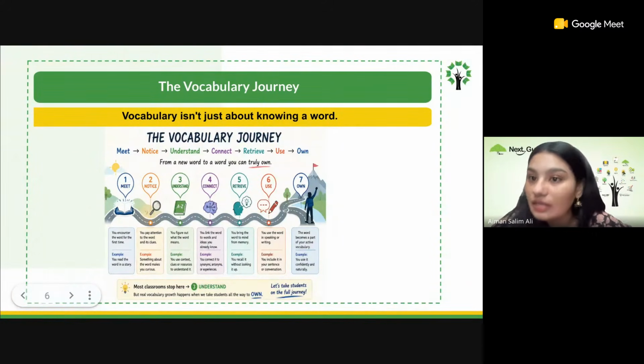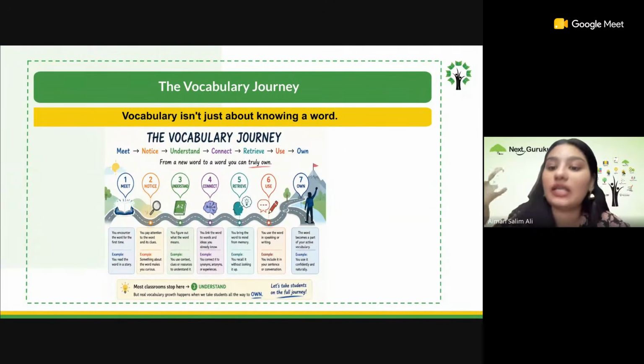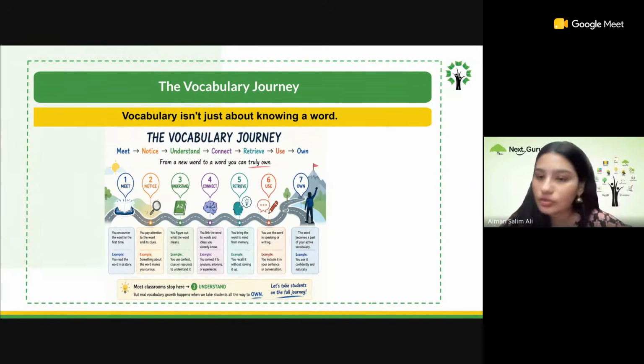You start using the word. Then you retrieve it. That's the next step, and that means you bring the word to mind from memory. You're able to recollect the word in your mind without any help from books or anything, so you recall it without looking it up. Then you use it.